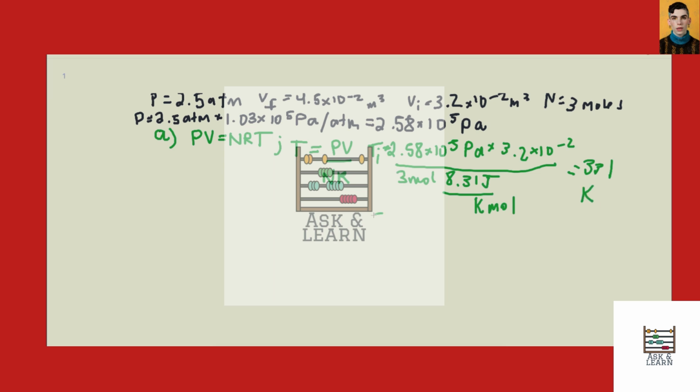So to get T final, you just want to plug everything into your calculator, the same things that you plugged in before, except instead of 3.2, you want to use 4.5, because that's the final volume. So you want to use 4.5 times 10 to the minus 2 meters cubed.